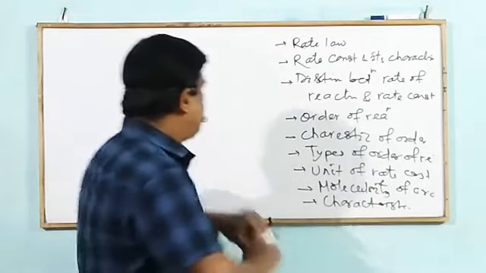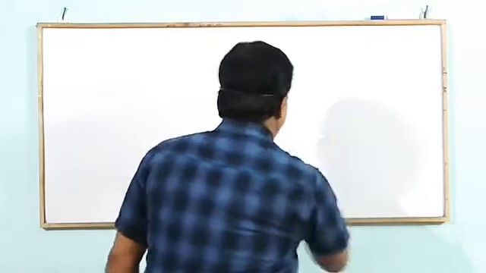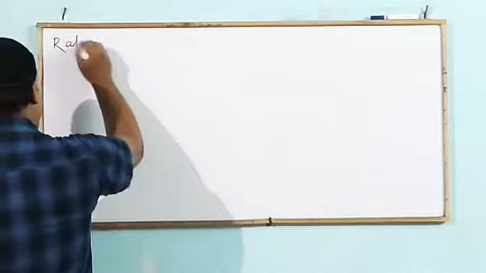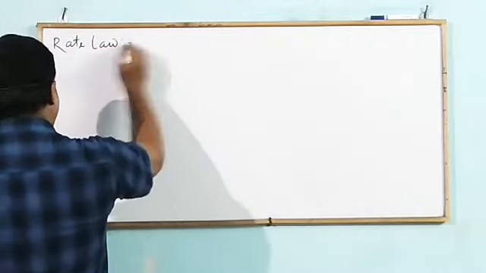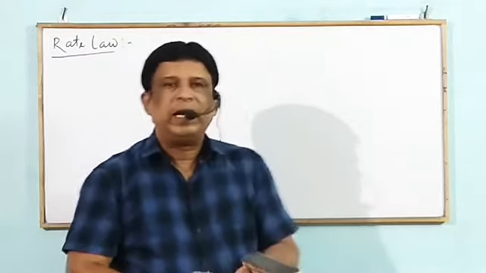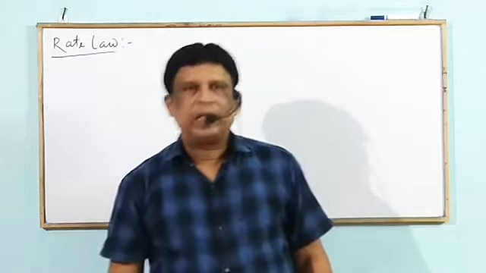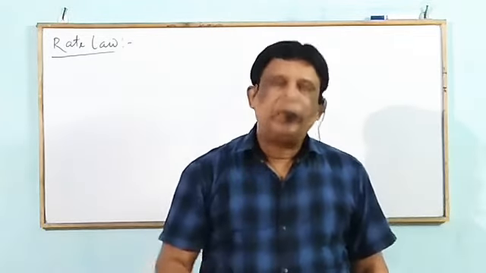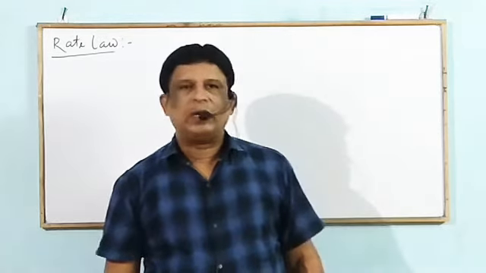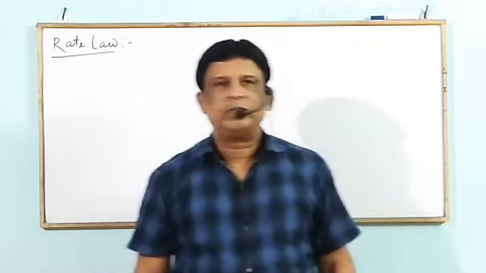First one we discuss is rate law. It is a mathematical expression which represents the experimentally observed dependence of change in molar concentration of reactant on the rate of reaction.